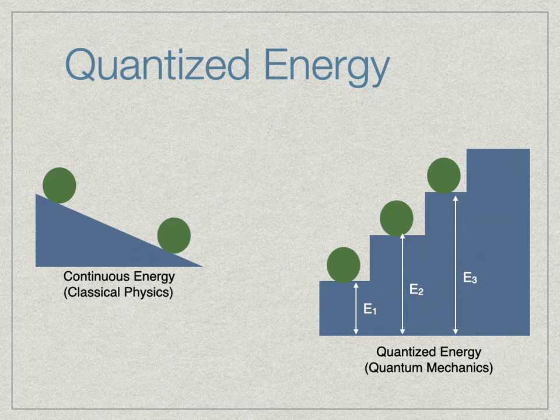Balls tend to not hover in between stair heights as an initial starting position for energy. So in quantum mechanics, electrons behave more like a staircase. In classical physics, planets behave more like a ramp. And again, it's not obvious why electrons would do this.